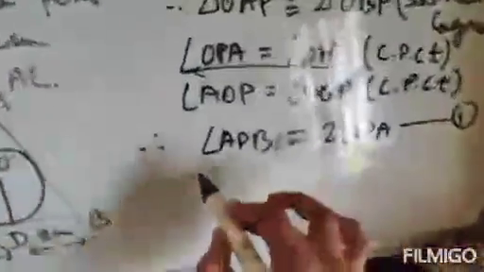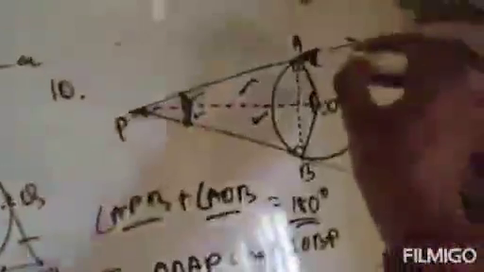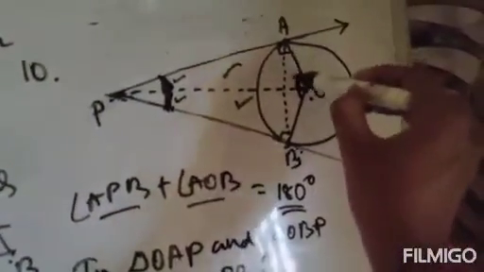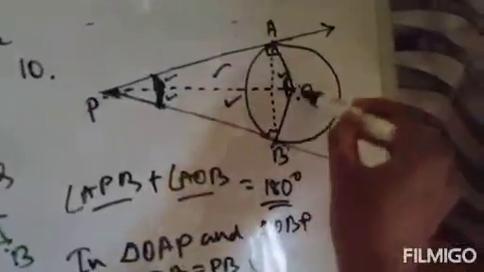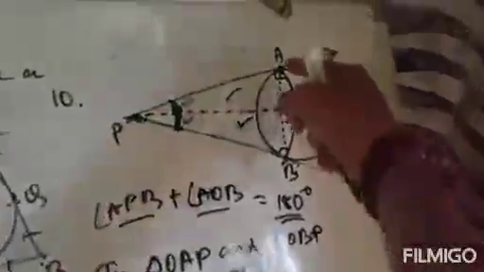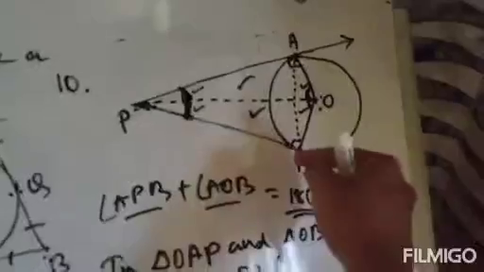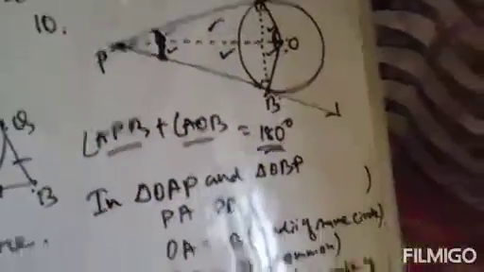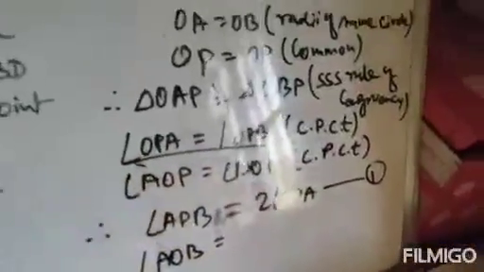Next, also angle AOB, the same logic. Angle AOB, this total angle, will be the sum of this small angle, AOP, and this small angle, BOP. These two angles are also equal according to CPCT.